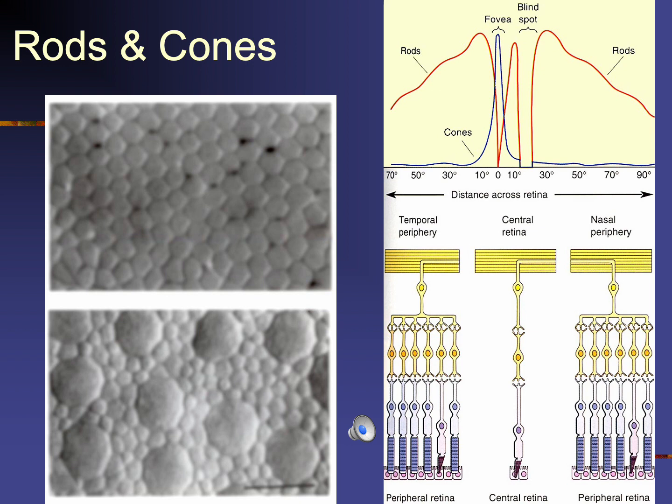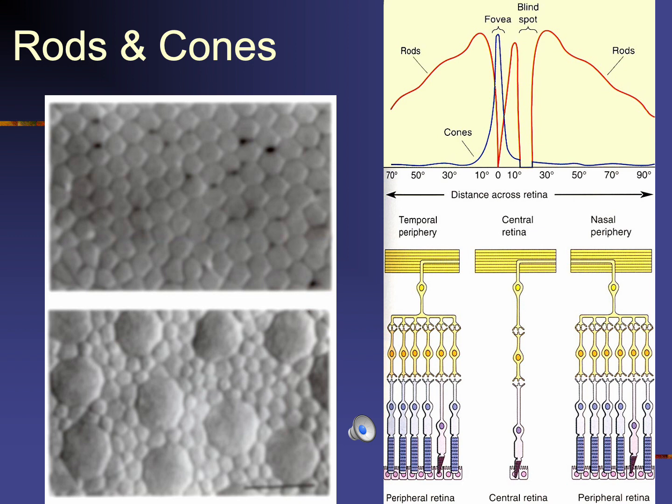As you move toward the center of the retina, where the fovea is, all cones. So as you move from the peripheral parts toward the center of the retina, toward the fovea, the number of rods is actually increasing as you approach this spot.